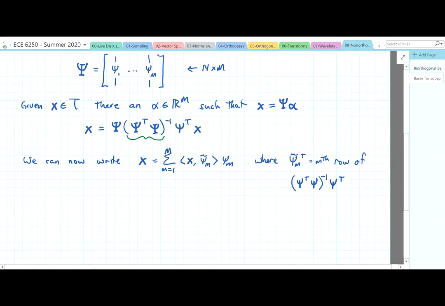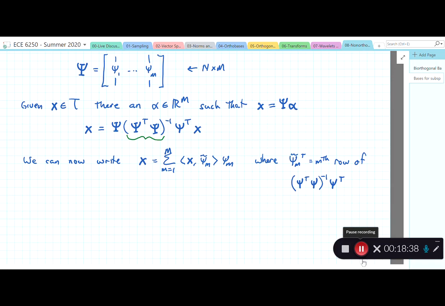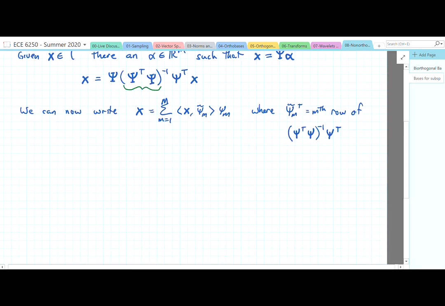So, an example of a matrix like this. Sorry, my tablet isn't responding quite right. Okay, I'm back.